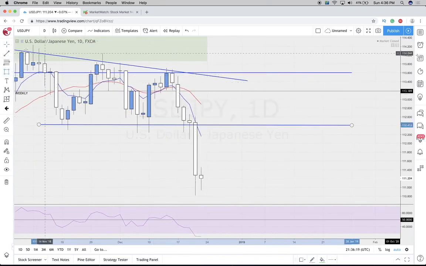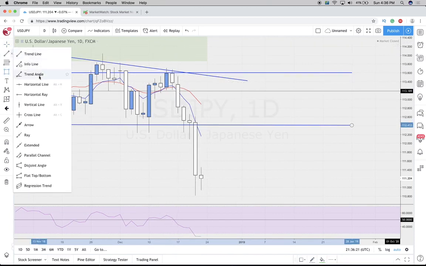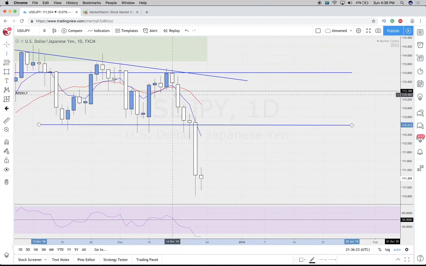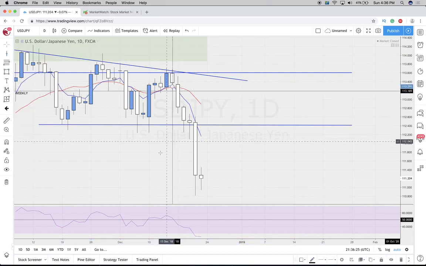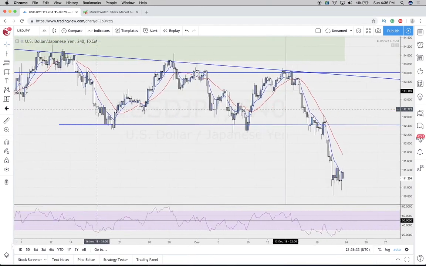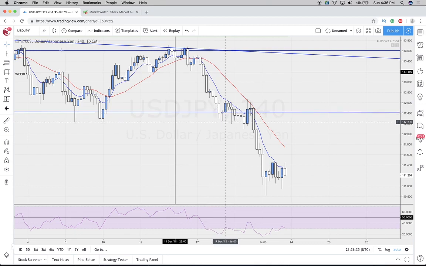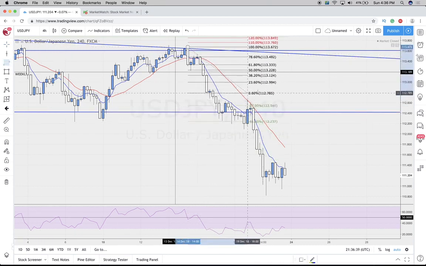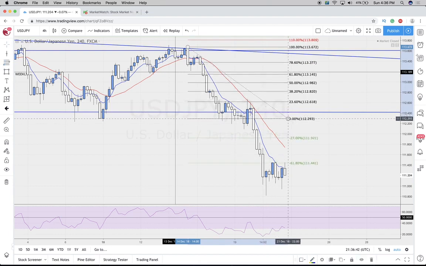You had your SMA and EMAs crossed on this higher time frame, which was ever since this point right here. You had that SMA and EMA crossed on a daily, which means from right here was more bearish momentum. And on the H4 time frame, we had all 23.6s the entire time period within this entire point. So this could have been point A to point B, right here, 23.6.